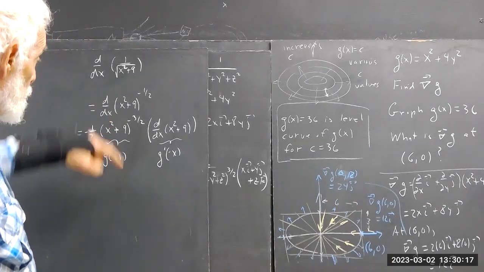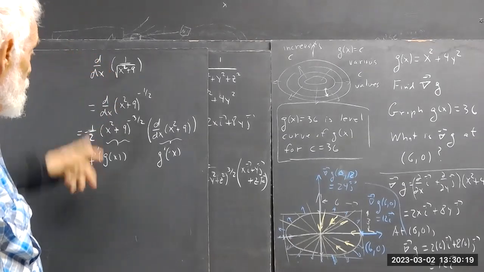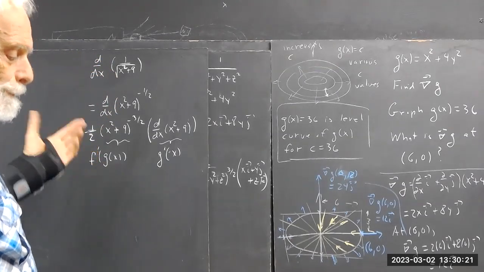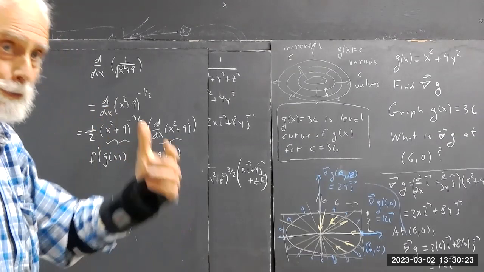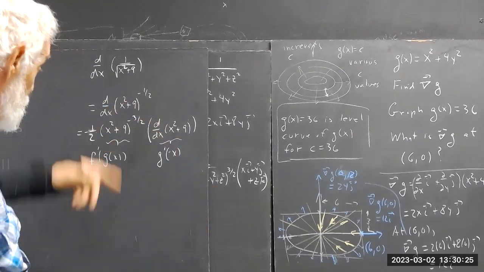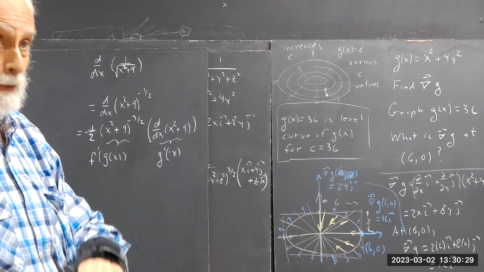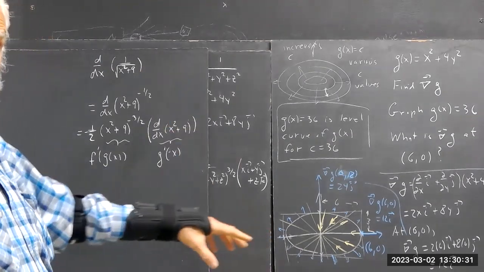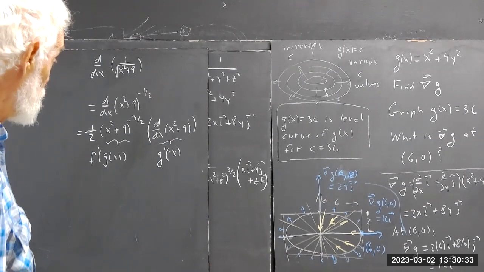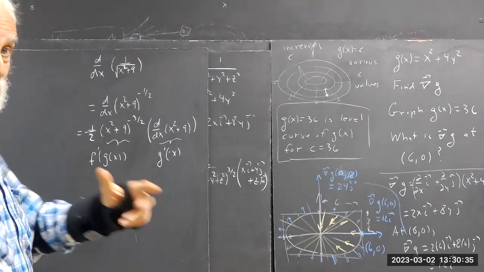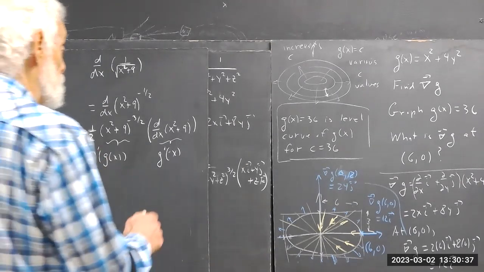So there's the derivative of your negative 1/2 power; your f function is a negative 1/2 power. I don't want to write it out in gory detail. I want to remind you that you really have to know the chain rule and how to do it, and you're going to have to do integrals too. So you might want to review that.